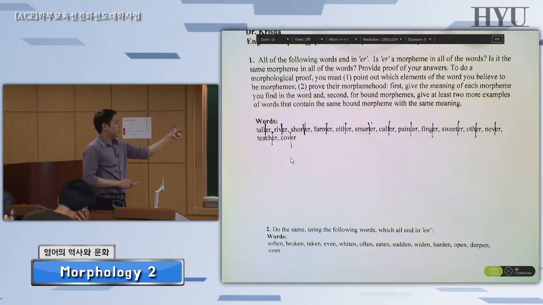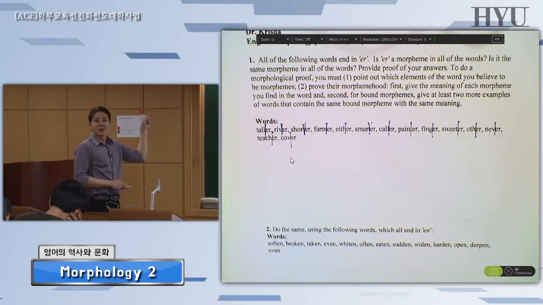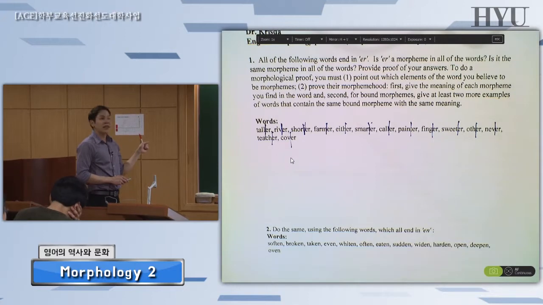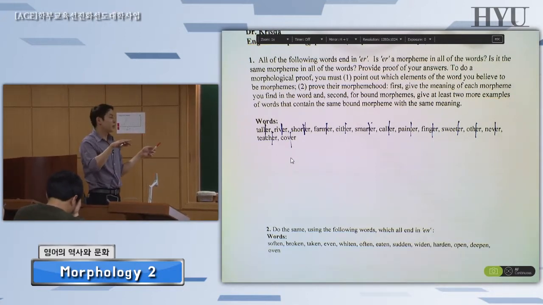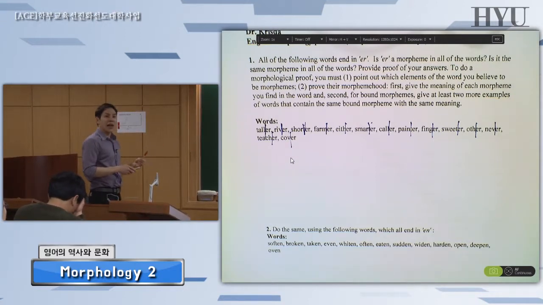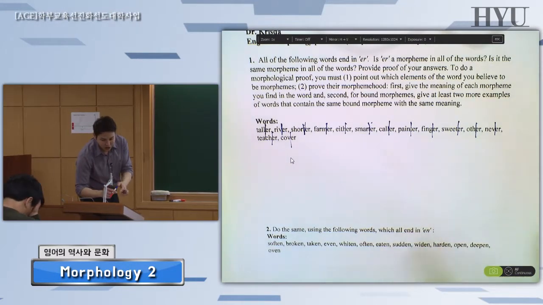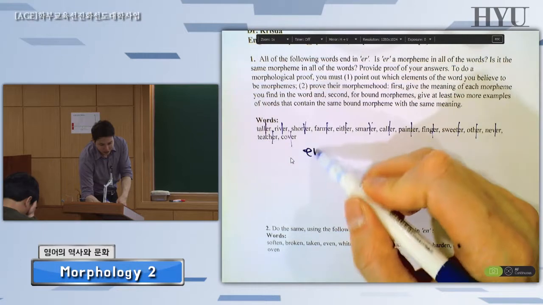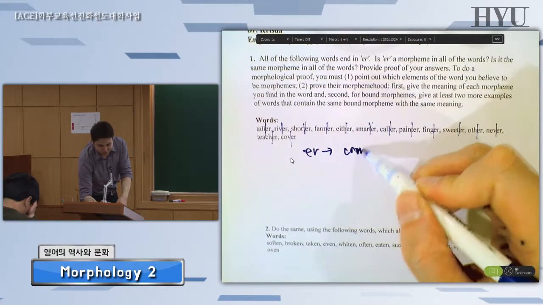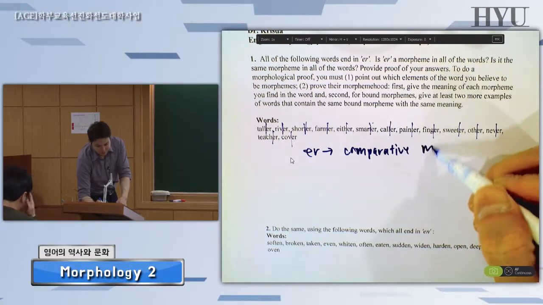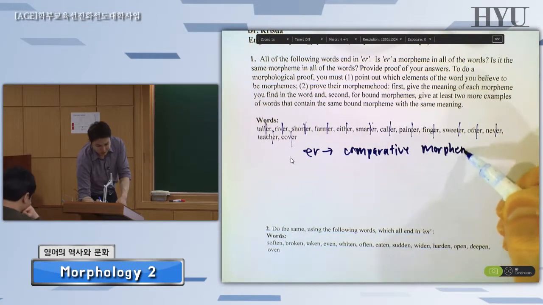Remember, this ER is an inflectional suffix, we just finished that, that you attach to an adjective to indicate a comparison. So this ER has a meaning, so it's a morpheme. The first ER that you see in taller is a comparative morpheme.